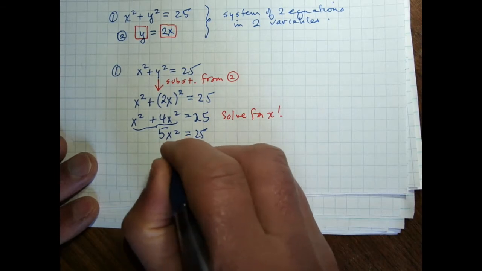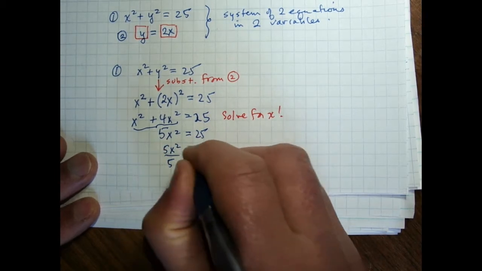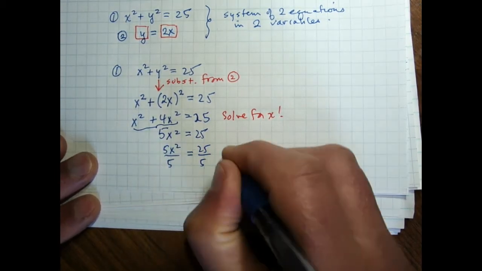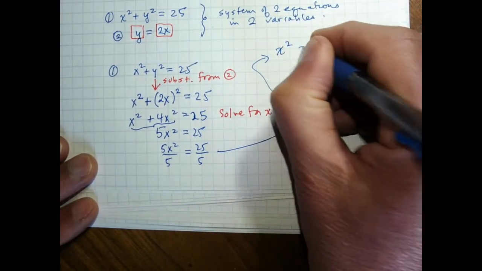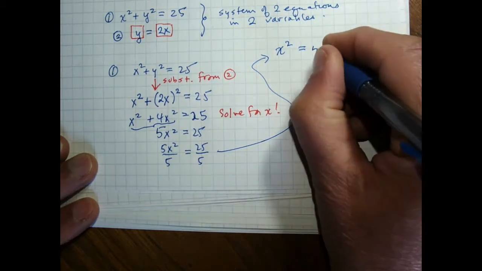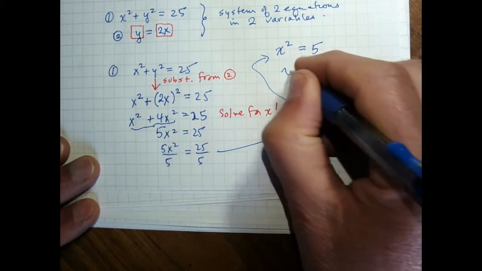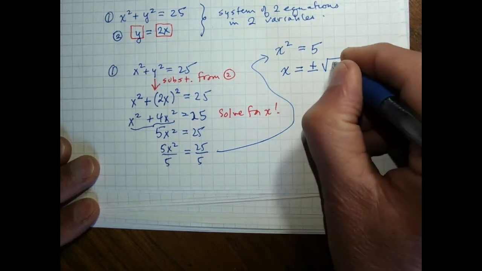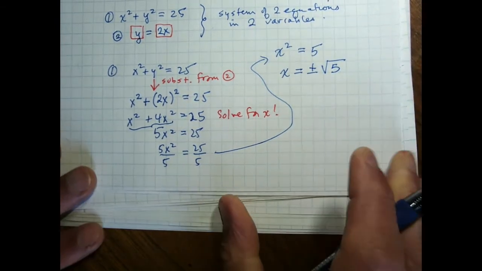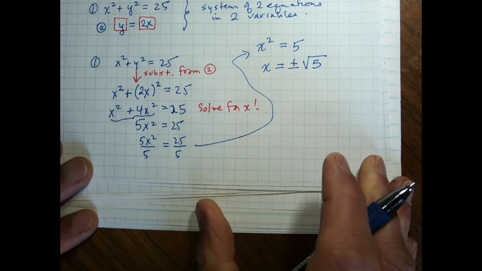Divide both sides by 5. Now, I like that 25, but I'm going to end up with x squared equals 25 divided by 5 is 5. So x is equal to plus or minus the square root of 5 when I take square roots.